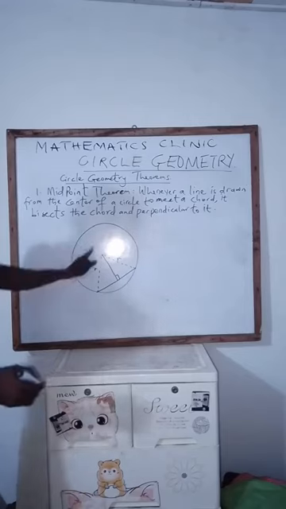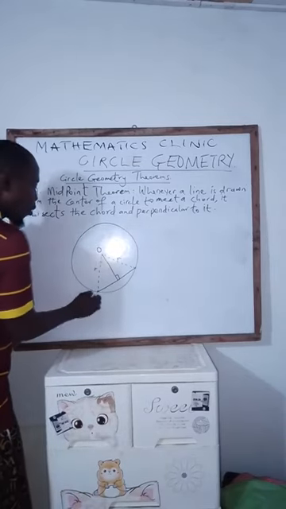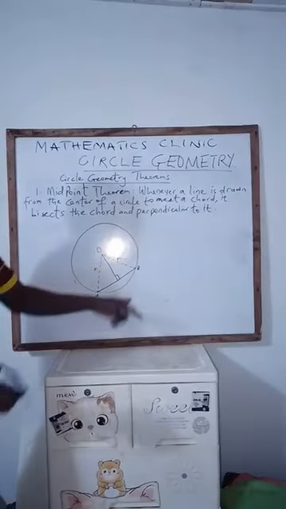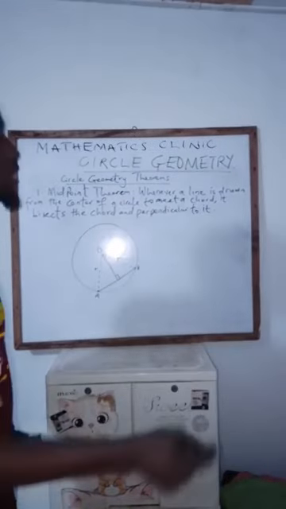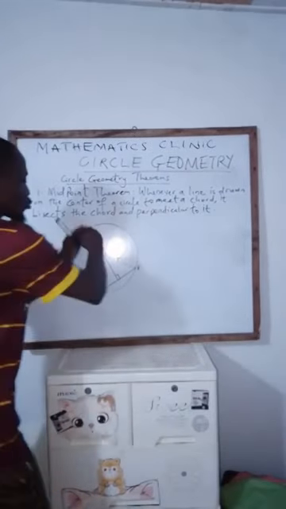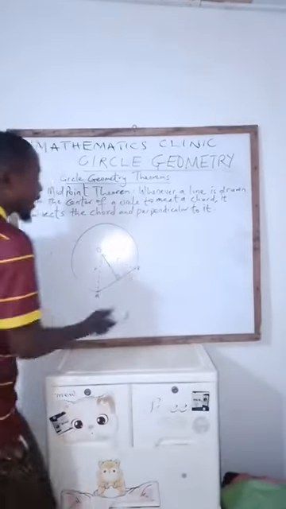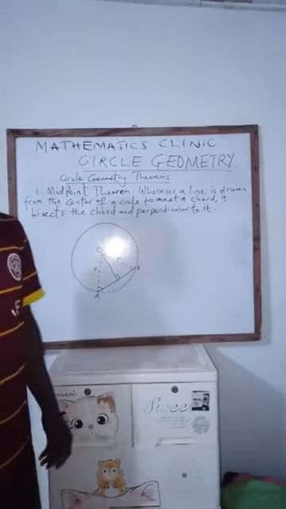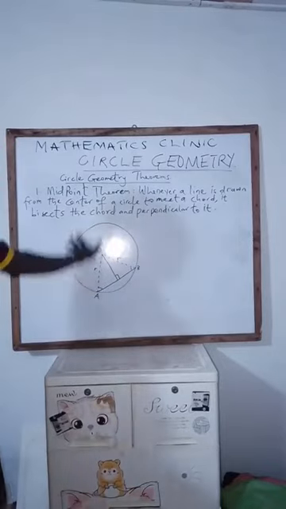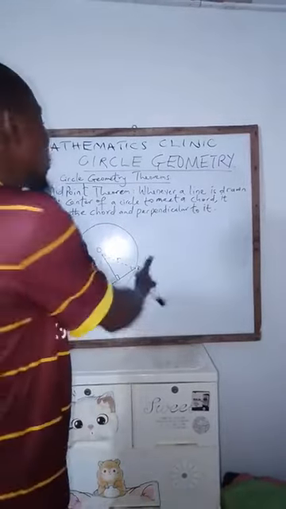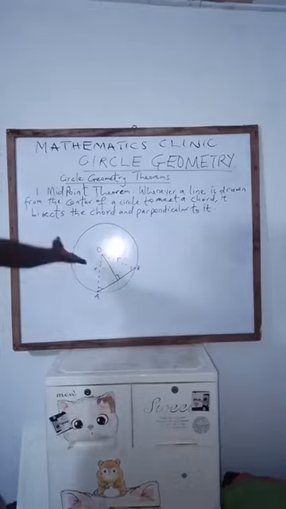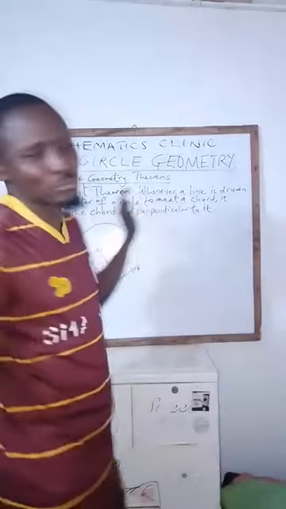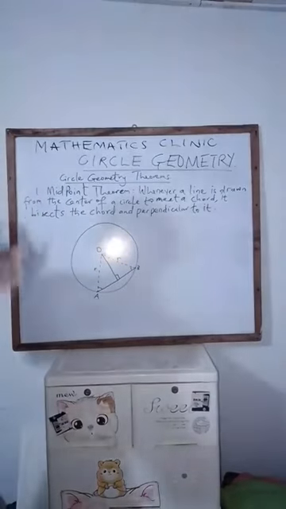Meaning, if this is center O, here is A, here is B, then triangle AOB is an isosceles triangle, meaning it has two opposite sides equal automatically. These angles will also be equal. Although that is not part of the midpoint theorem, it is what we are going to conclude from the diagram. I hope I'm communicating. Very simple. Nothing more, nothing less on the first theorem.